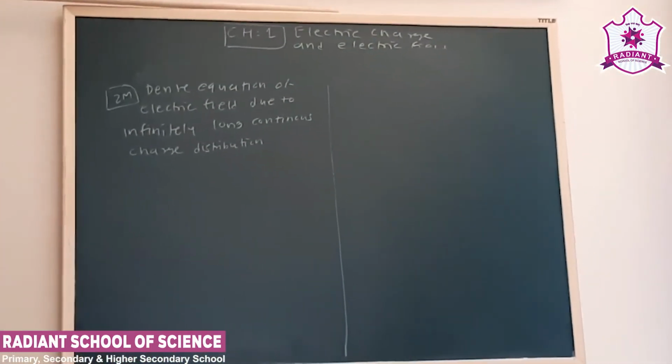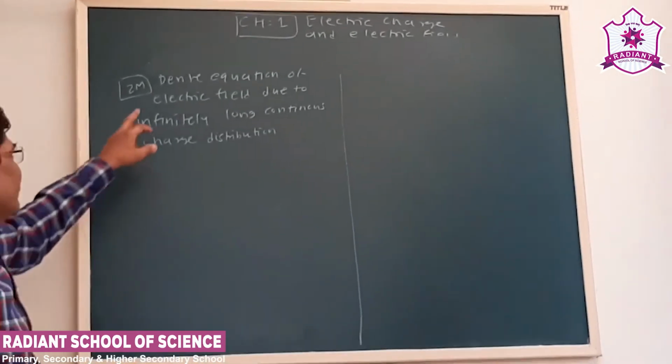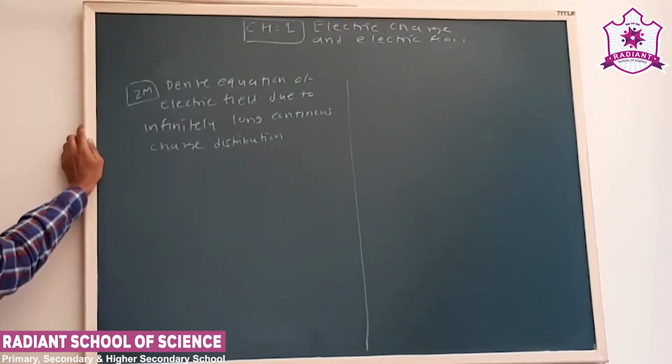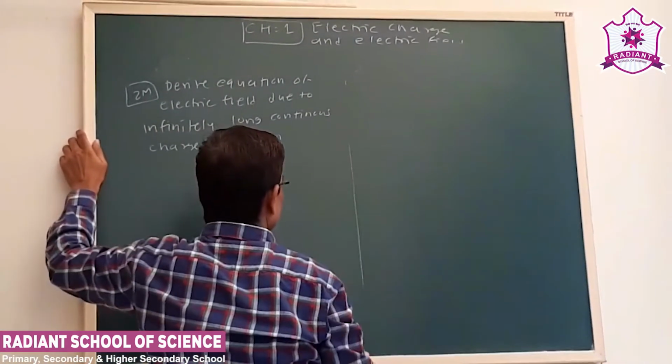Okay, now by using the Gaussian formula, we derive the equation of electric field due to infinitely long continuous linear charge distribution.